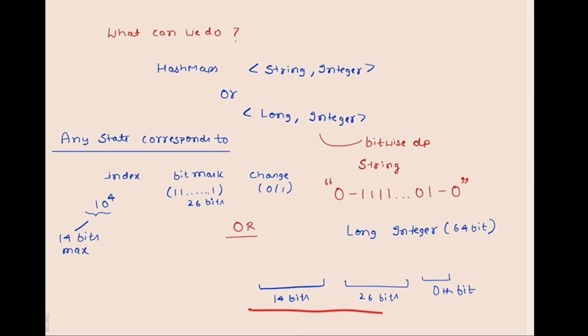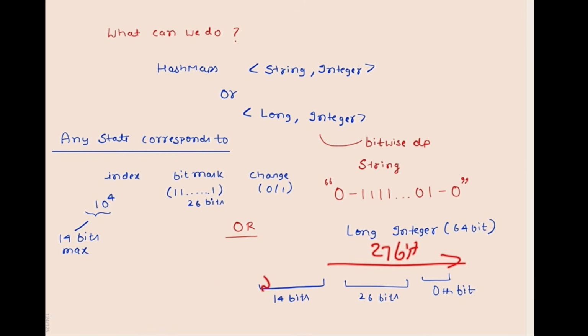This is how we are storing things. We are going to have the 0th bit reserved for change allowed, 26 bits for the bit mask, and 14 bits for our indices. If we do this, we'll be able to handle all the DP states. For the index, we know that just before it there are 27 bits.